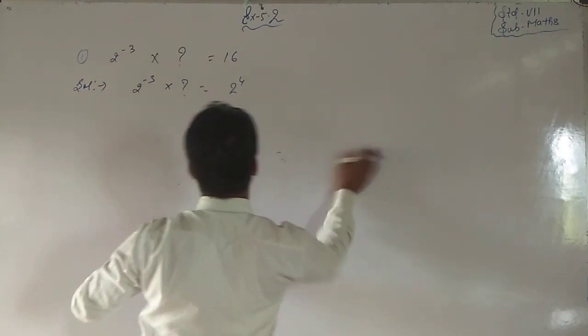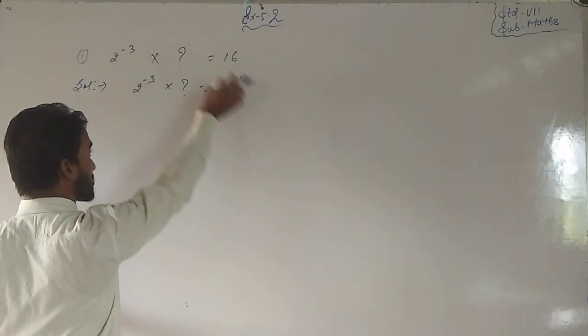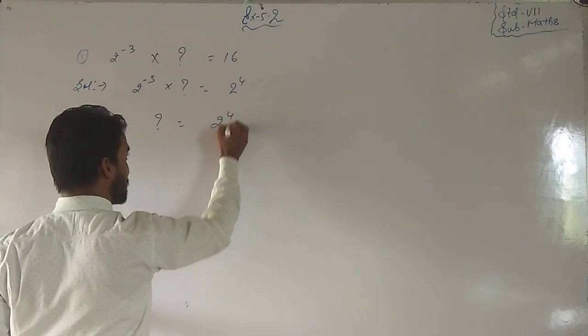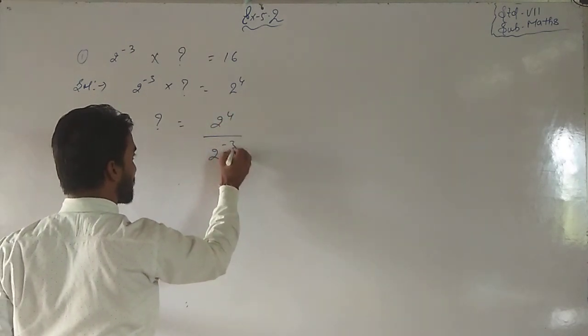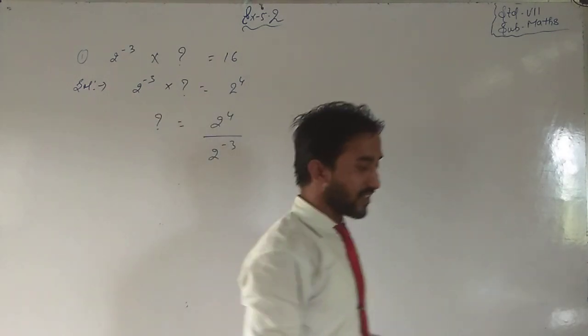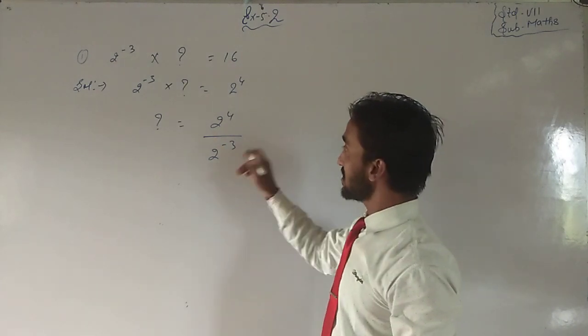See students, now what will we do? We will transfer 2 to the power minus 3 to this side. It will come as a divide. When it comes as a divide, 2 to the power 4 is in the form of division.